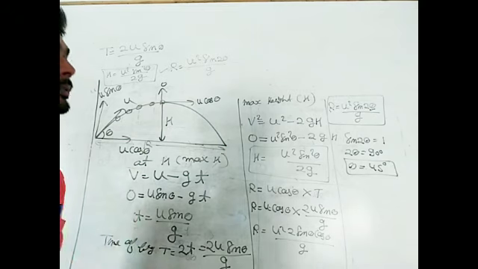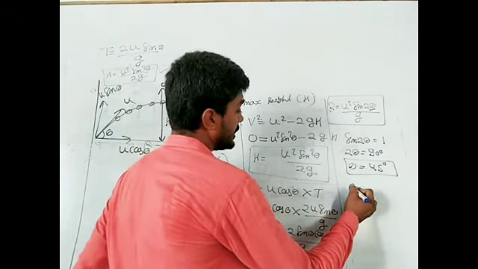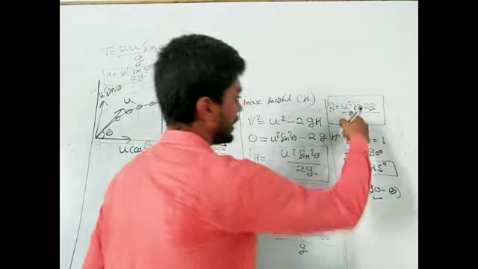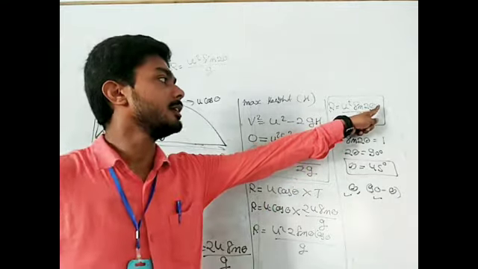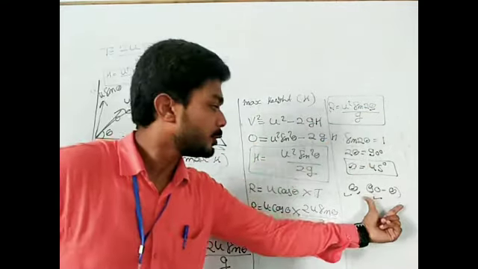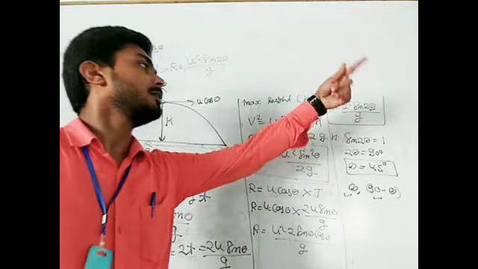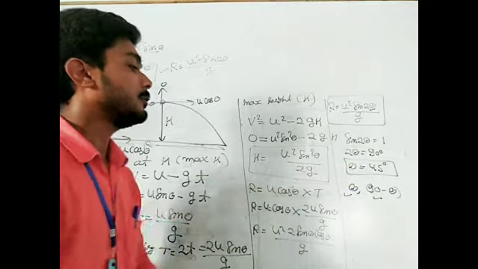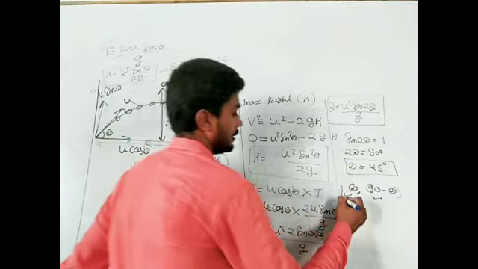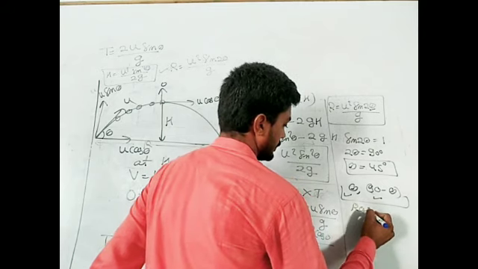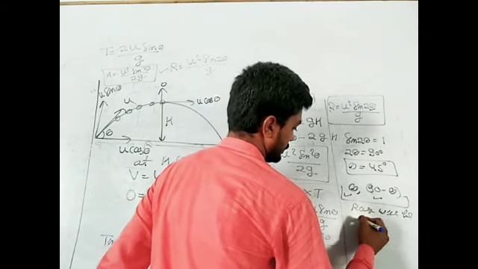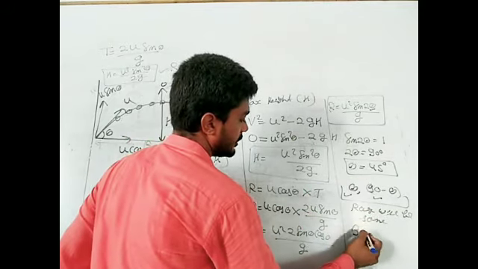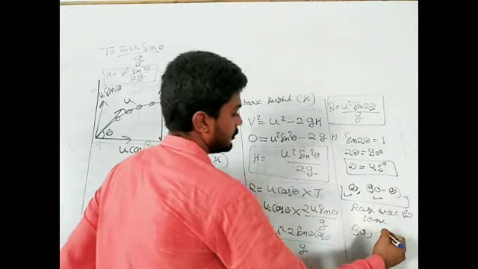Last one, students, for theta and 90 minus theta. If you substitute theta, you get this equation. If you substitute 90 minus theta, then you observe the same equation. So for theta and 90 minus theta, the range will be the same. Suppose theta is equal to 30 degree, then substituting 30, you get 60 degree.